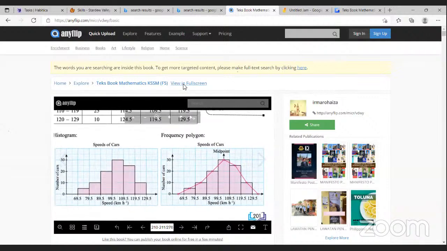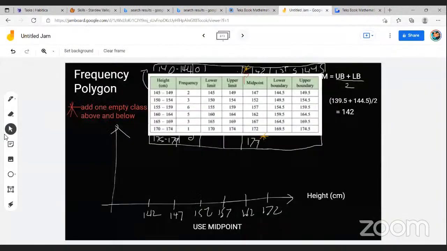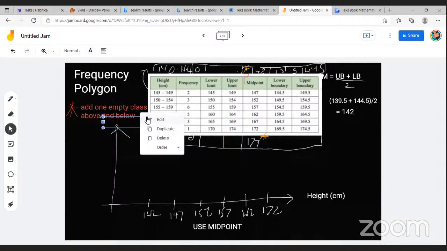So going back to this one, the frequency polygon, you use the midpoint as usual. Of course, your y-axis is always frequency.